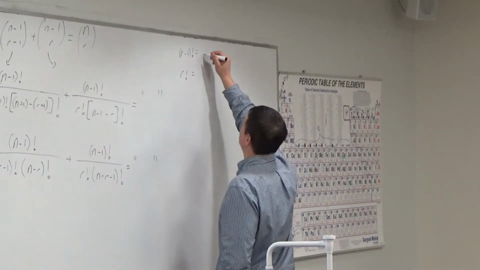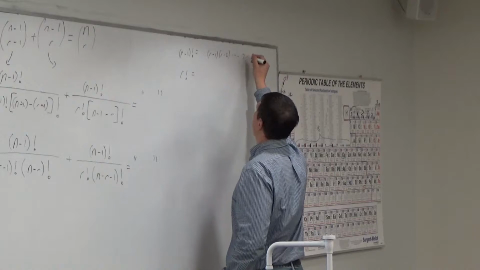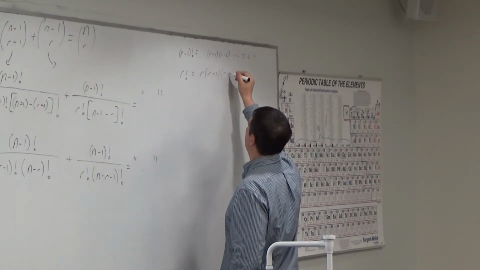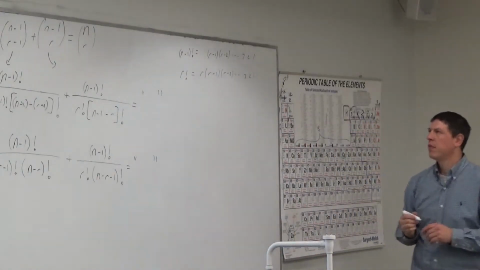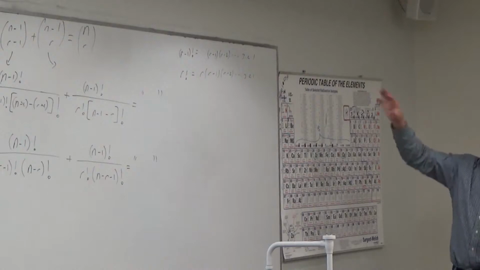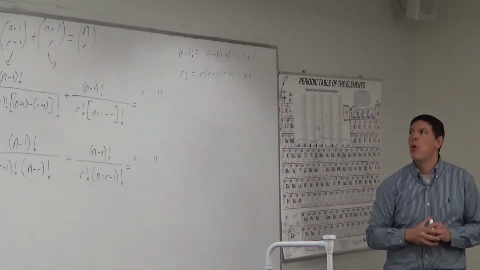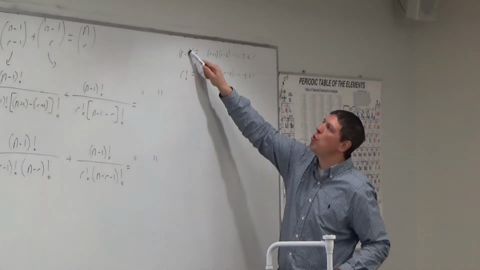So this is r minus 1, r minus 2, all the way down to 3, 2, 1. This is r minus 1, r minus 2, 3, 2, 1. If I'm just looking at those two factors, what is the least common multiple or least common denominator between these two expressions?